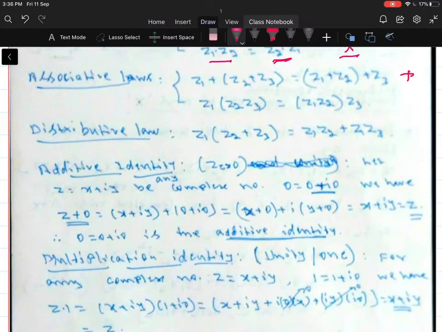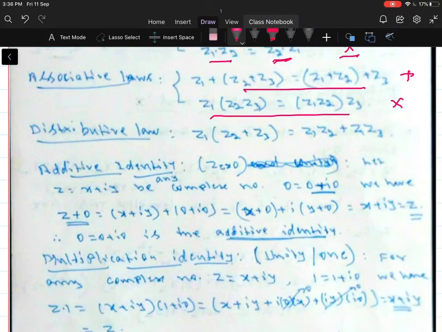Let us move to the associative law with respect to addition and multiplication. They can be defined as (z1 plus z2) plus z3 is equal to z1 plus (z2 plus z3). So this associative property is true with respect to addition.